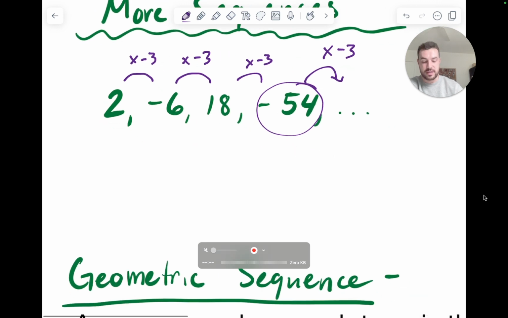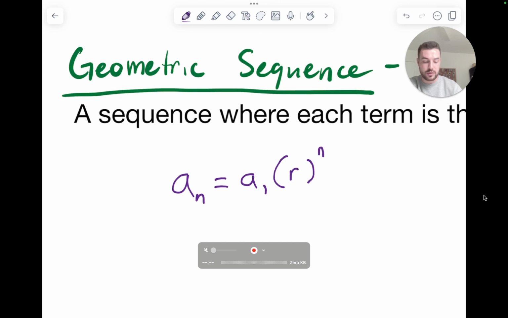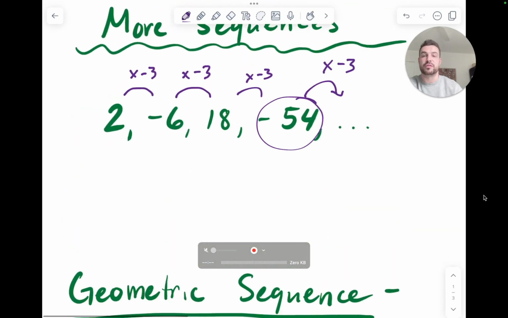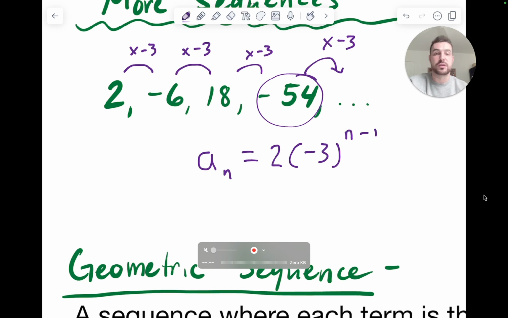So that has an explicit formula: a sub n equals a sub 1 times our ratio to the n minus 1 power. So if we look at our previous example from above, our explicit formula would be a sub n equals our first term times our ratio to the n minus 1 power.